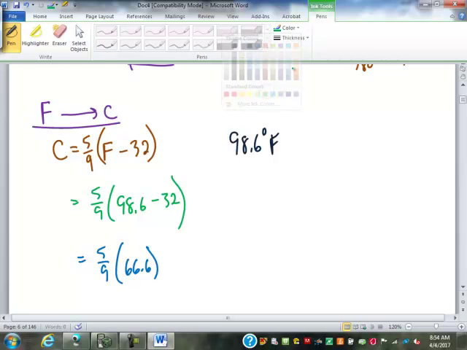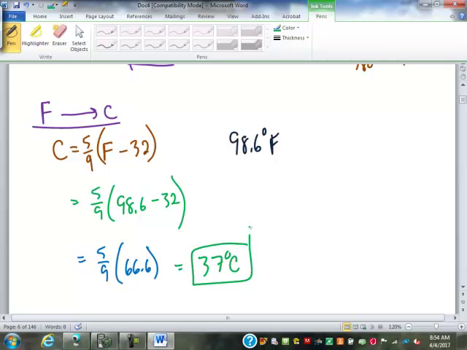Times 5/9. 37 degrees. So human body temperature is 37 degrees Celsius.